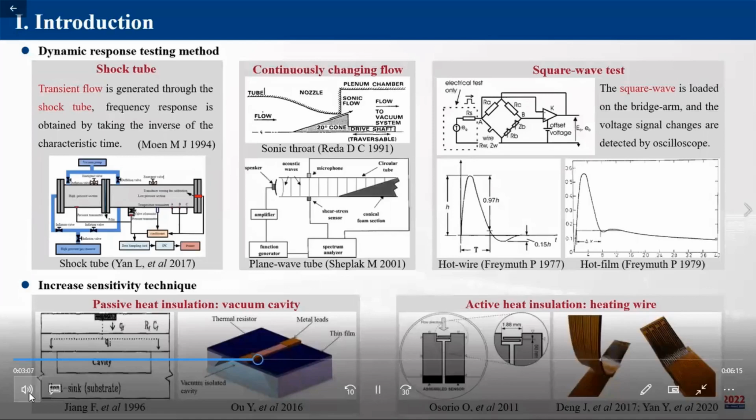Improving the dynamic characteristics of the hot film sensor can extract more effective information from the flow field, which is helpful for precision measurement of turbulence. Several methods have been proposed, such as processing a vacuum cavity or heating via under.